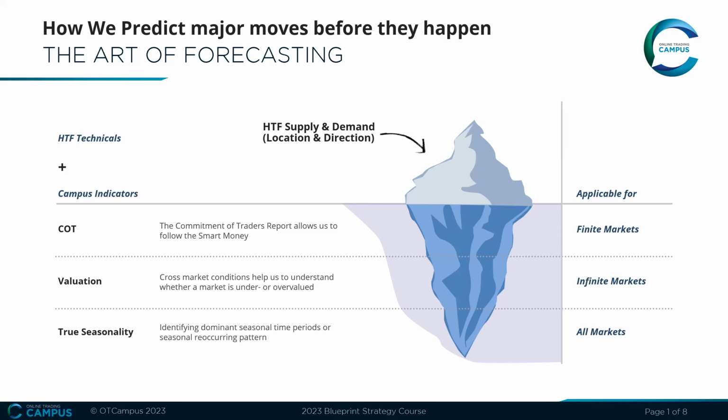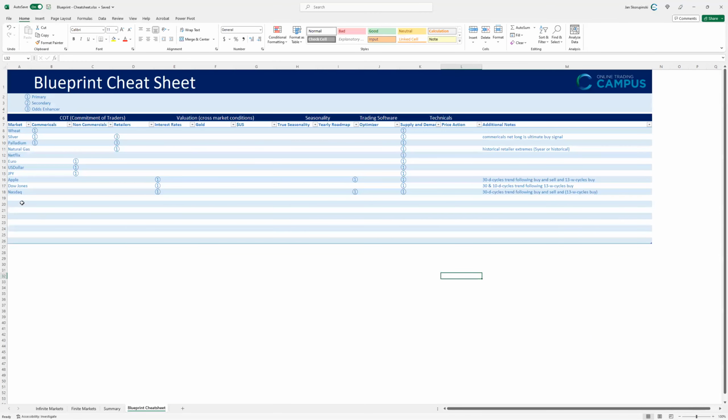And what we're going to do, of course, is continue to work on our blueprint cheat sheet. Today we're going to start with the euro, and maybe talk about the Japanese yen as well, even though we may already have them up here. So what we can do now on our valuation is add to that.